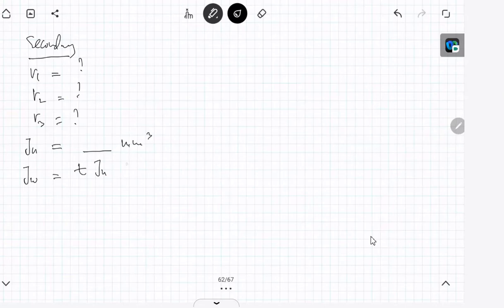So here you get T, keep the T here, or just take the value and put T here.